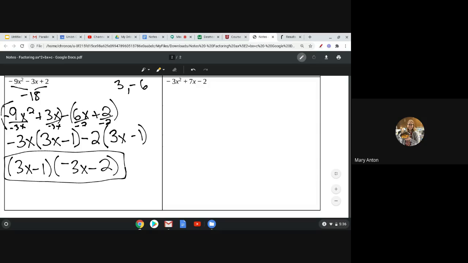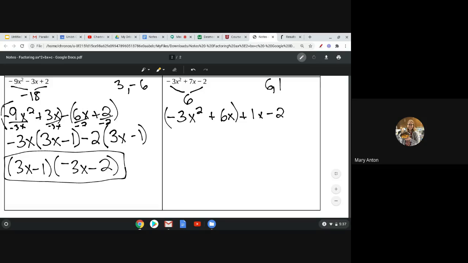All right, last example. We've got negative 3 times negative 2, which is a positive 6. So we need two numbers that multiply to 6 and add to 7. And those two numbers are 6 and 1. Therefore, we're going to rewrite this expression to be negative 3x squared plus 6x plus 1x minus 2.